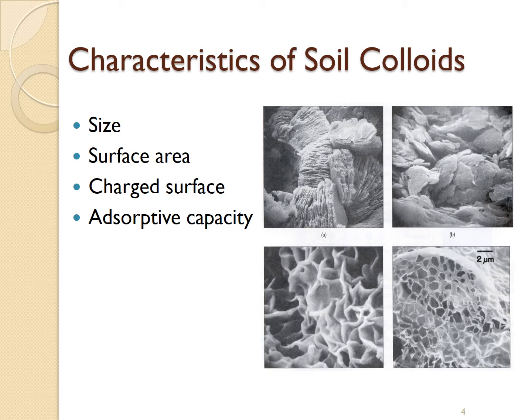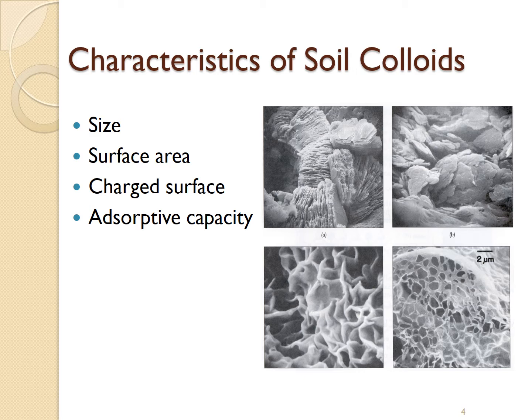So characteristics of soil colloids include their size. Their size is 0.002 millimeters in diameter or smaller. They tend to be very small, okay? And as we know, when you get something super small, as particle size decreases, the surface area increases. They also have charged surfaces.